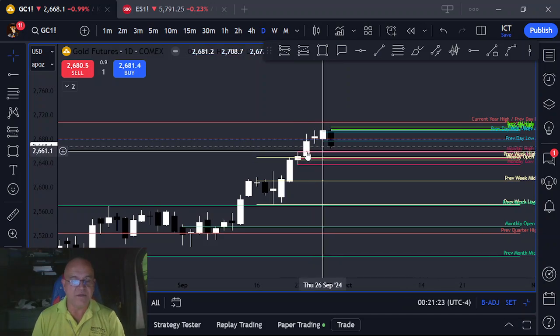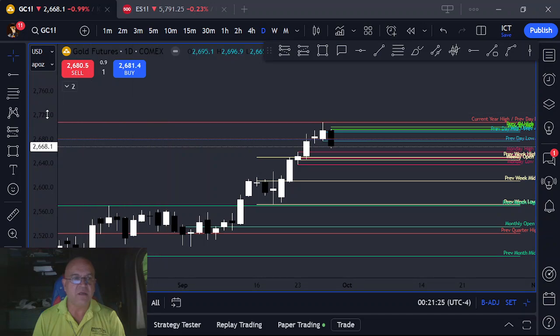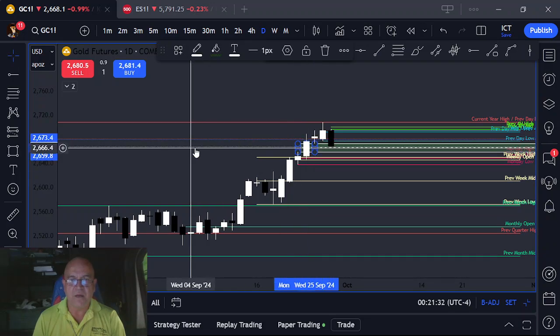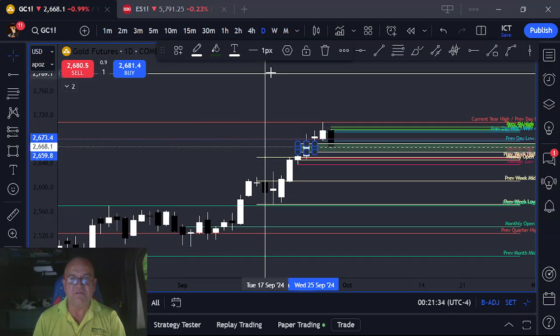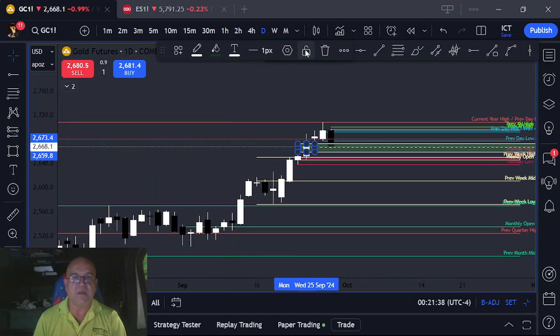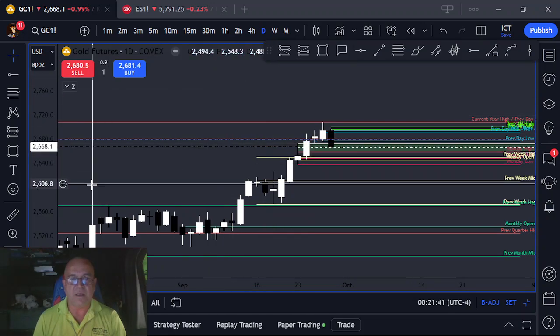We are into a daily fair value gap that was made on the way back up, and we have not closed below 50% of it. Daily fair value gap, lock it in, and that's cool.